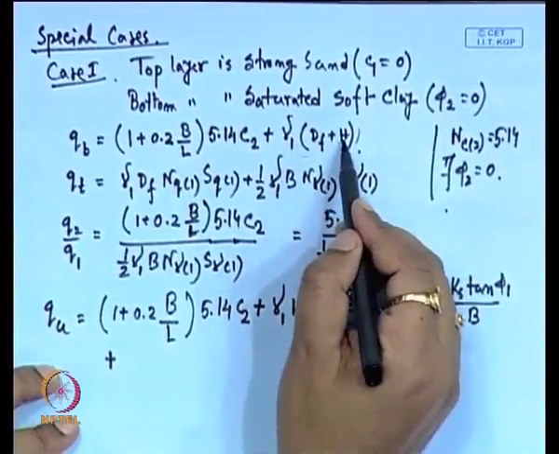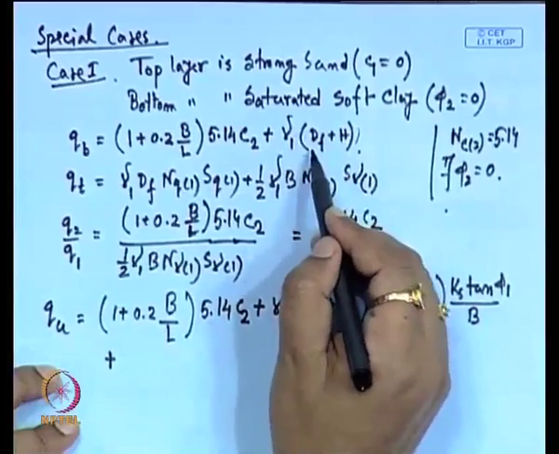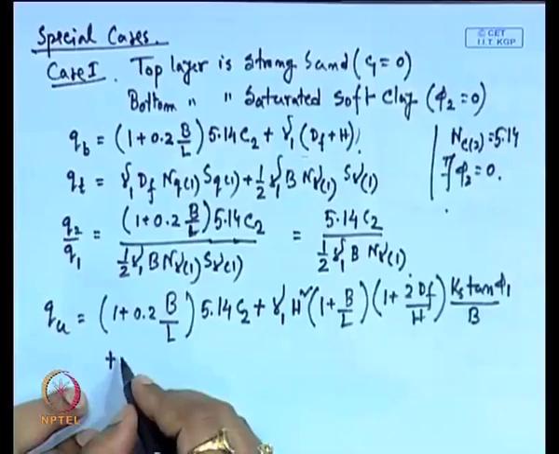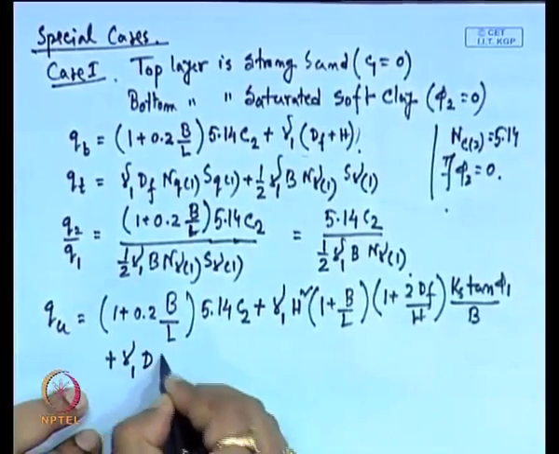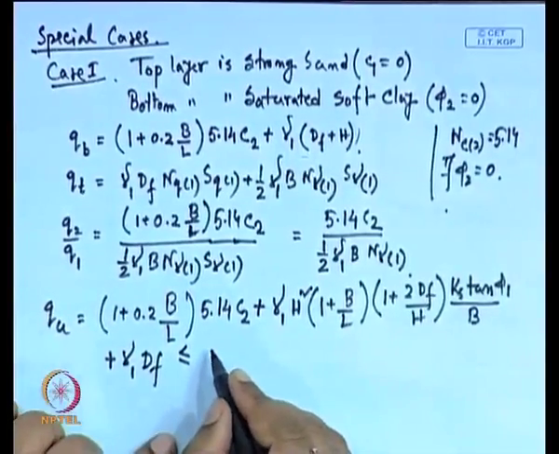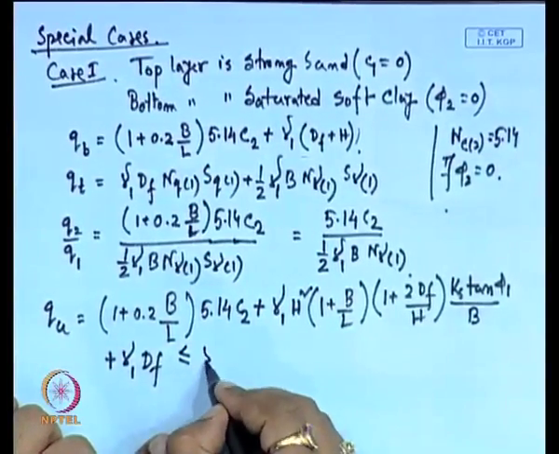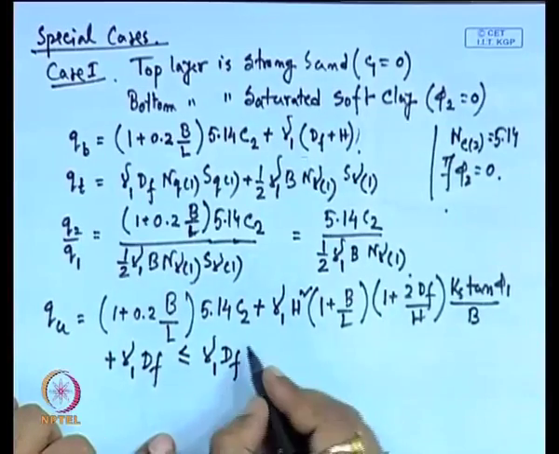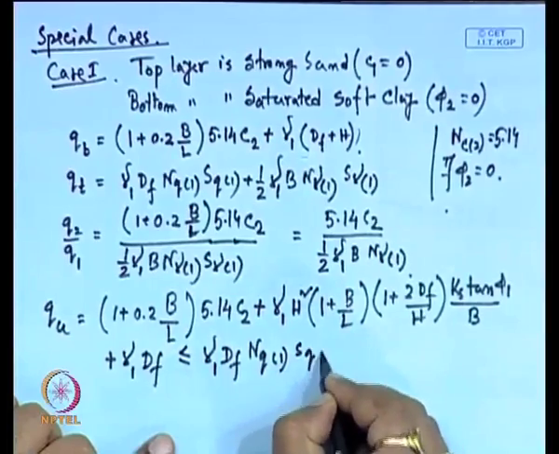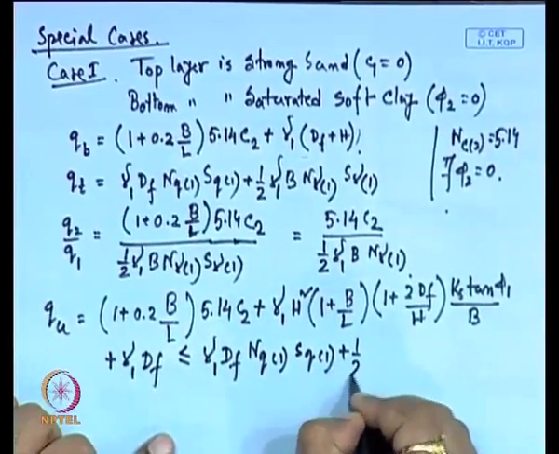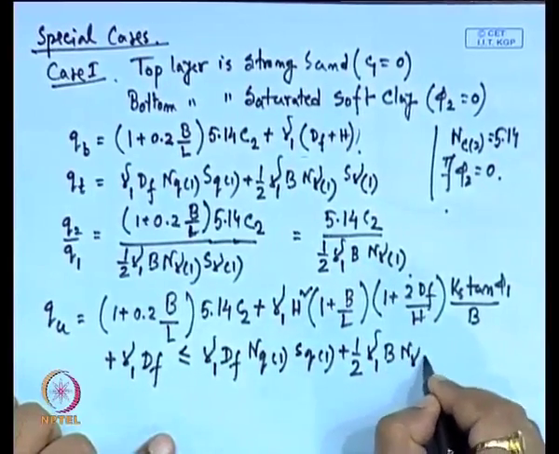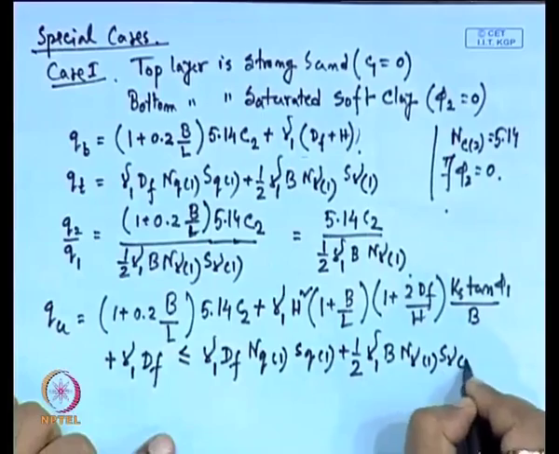So minus gamma 1 H and plus gamma 1 H are cancelled. So only gamma 1 and df is present. That should be less than or equal to Qt, where the Qt value is gamma 1 df Nq1 Sq1 plus half gamma 1 B N gamma 1 S gamma 1.